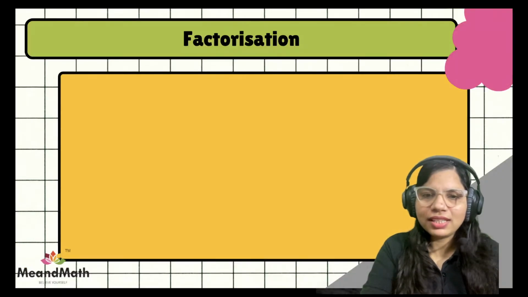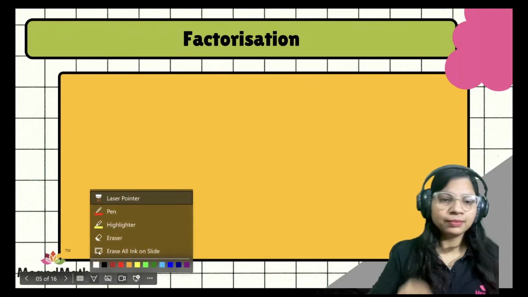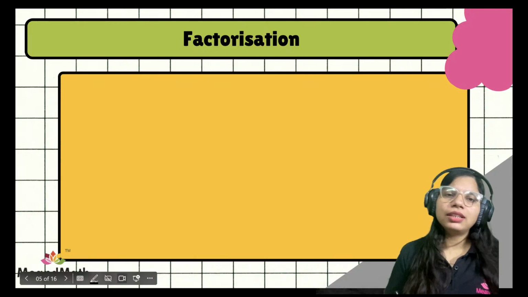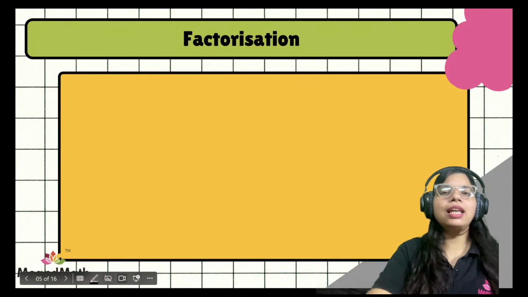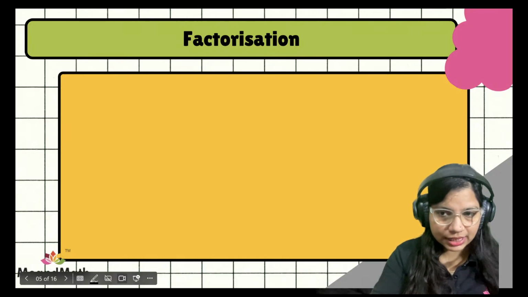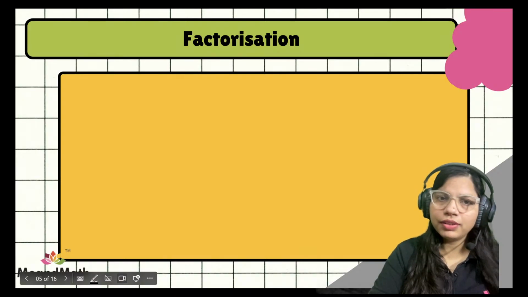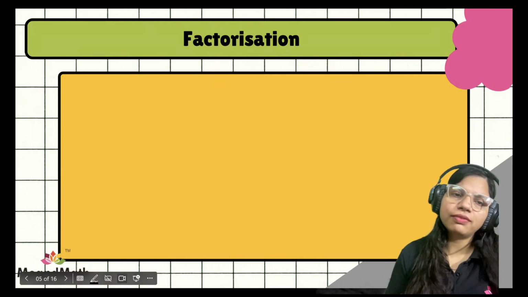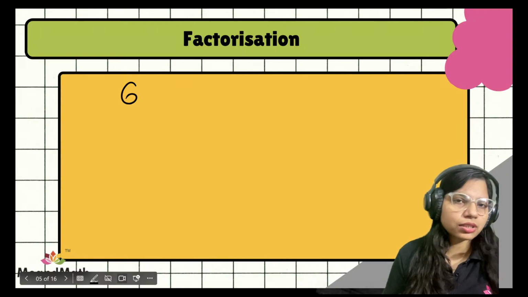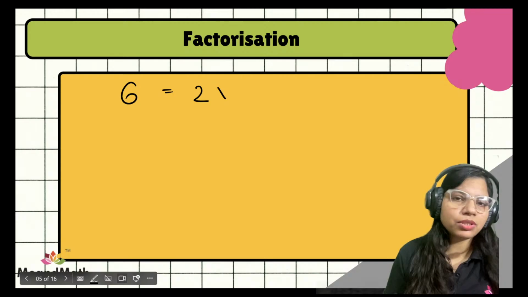Okay, now let's move to the understanding of factorization. When we talk about factorizing, inside algebra you are already clear and aware of what this term states. For example, if I give you 6, what are the factors of 6? It could be 2 and 3 because 2 times 3 is 6.